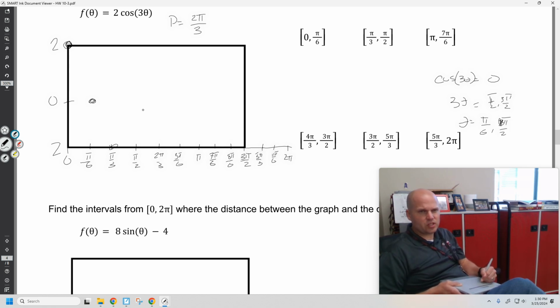You could just kind of see that: pi over 2, pi over 6. And what happens is a cool graph that's created.